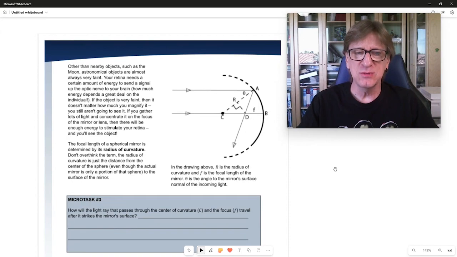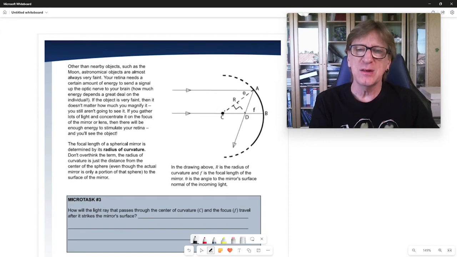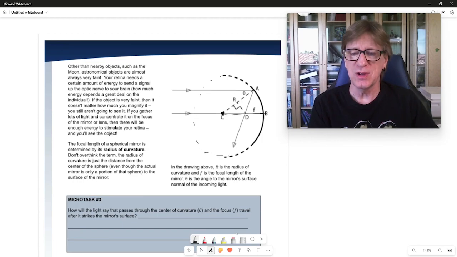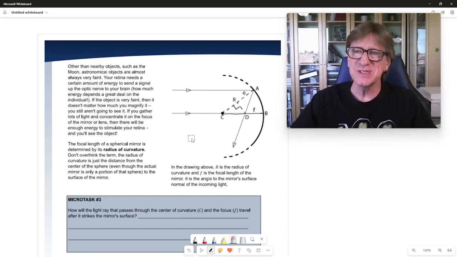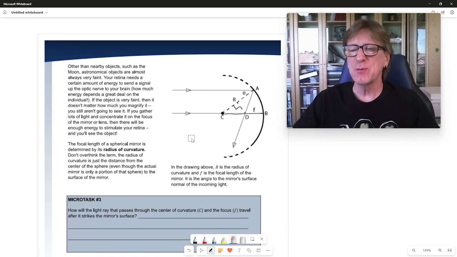So let's go back to some of our concepts that we talked about. Remember that we said the radius of curvature is the radius if I had this entire sphere here. Even though I don't have the entire sphere, and so don't technically have a radius, I have a radius of curvature.